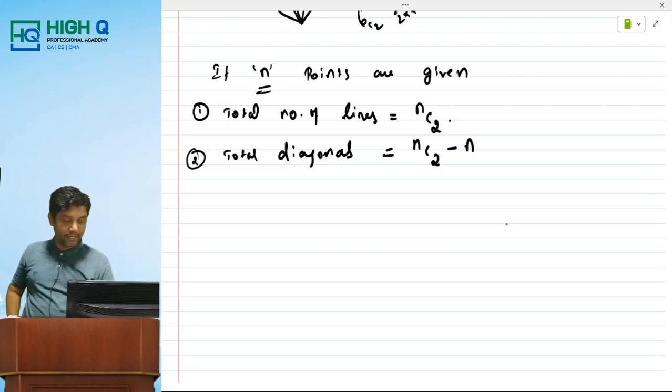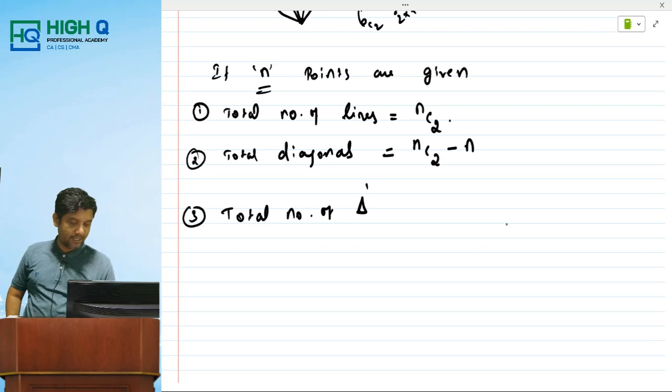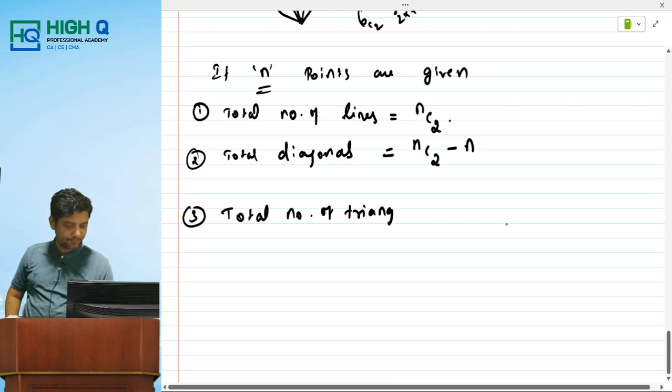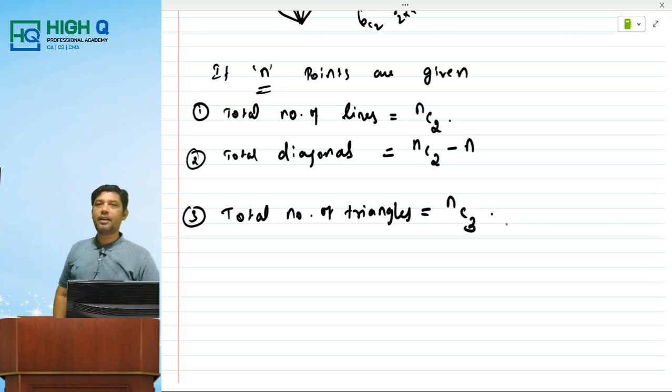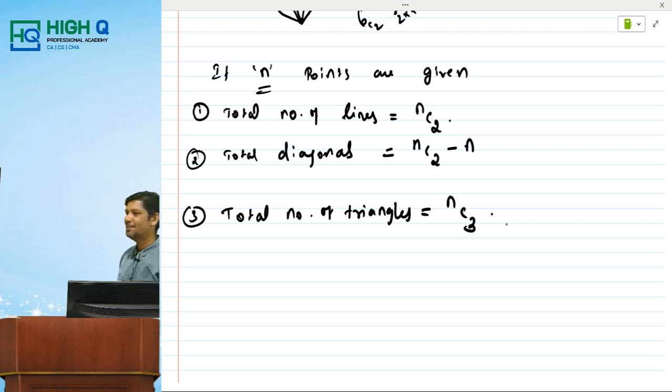So using n points, total number of triangles is what? nC3. Is that right, my dear? Correct? nC3. Very simple.